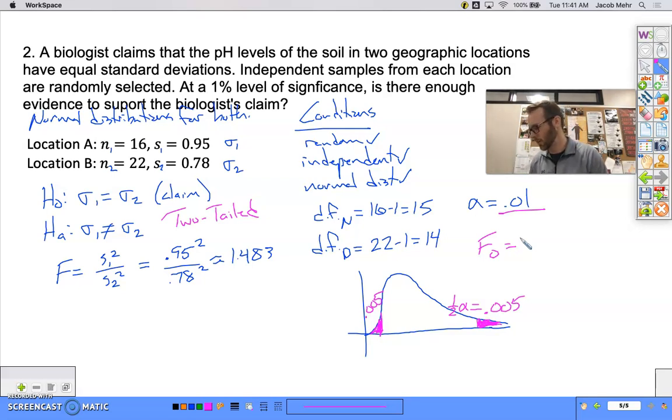In my numerator, my degrees of freedom across the top have to be 15, so I find that. My degrees of freedom for the denominator are 14, so I'm going to go down until I hit 14. And I think I'm on it right there, 4.25. So that sets this right here.